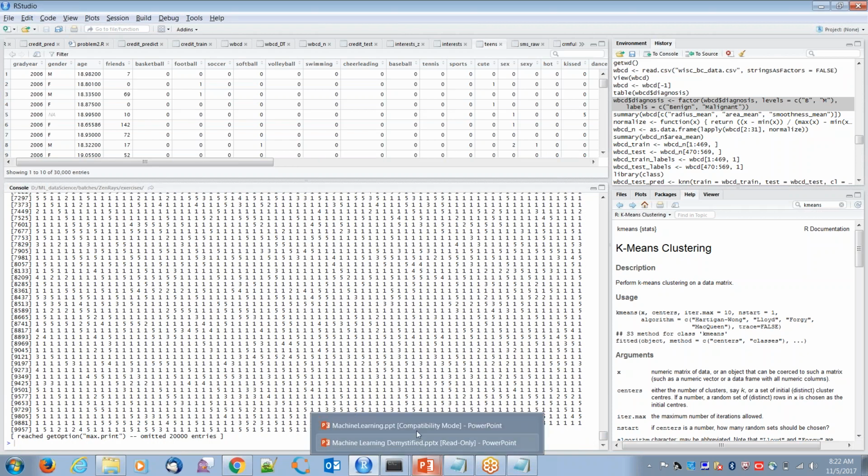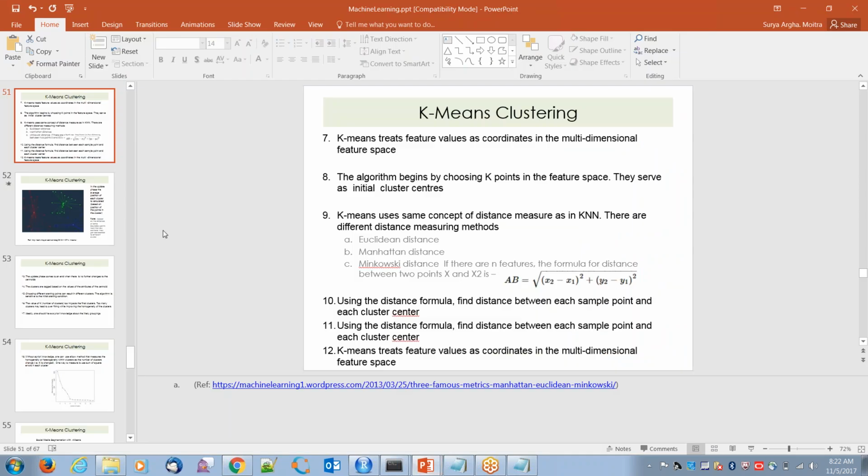Just before we close, we discussed hierarchical clustering. In hierarchical clustering, the number of clusters is not chosen beforehand. Hierarchical clustering can again be divided into two broad types: bottom up and top down.